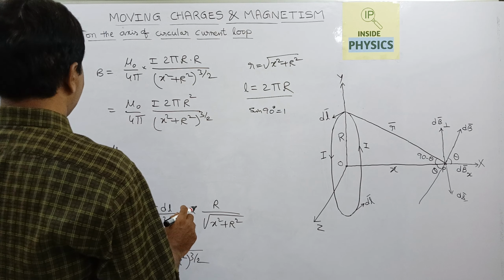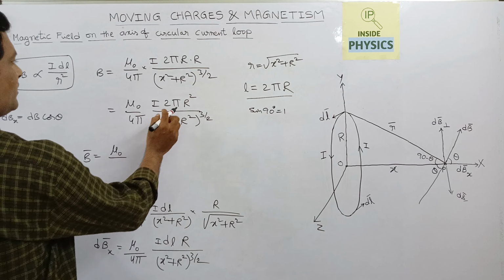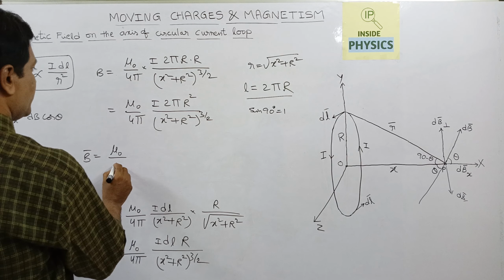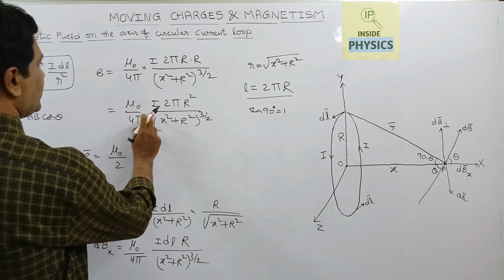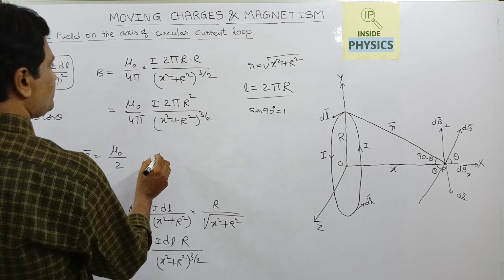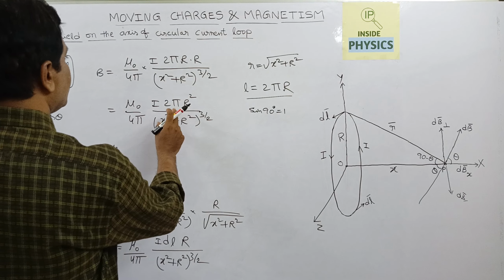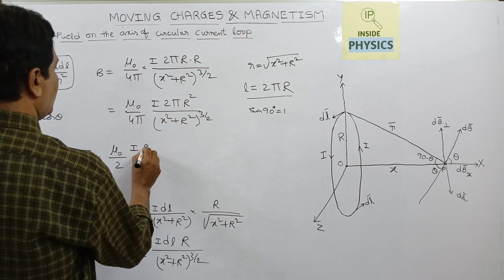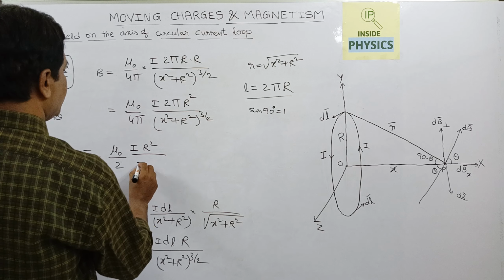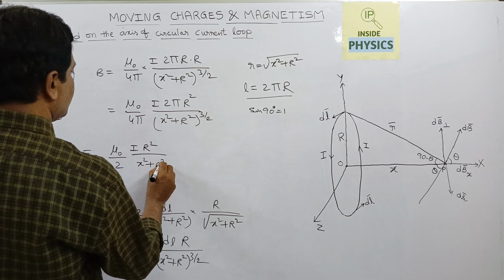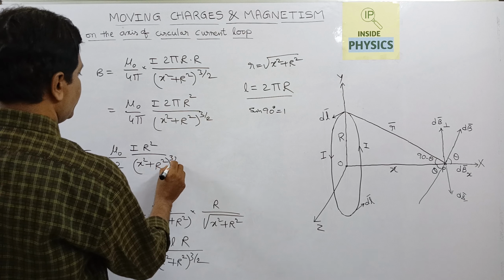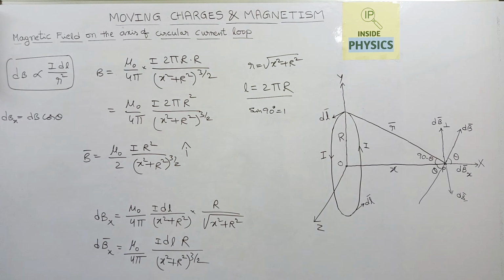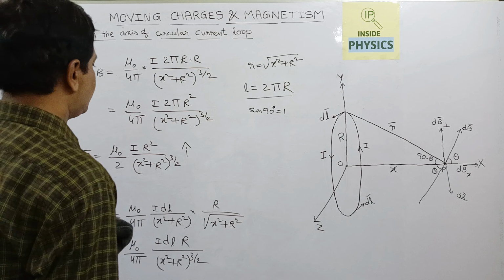Here we can cancel pi and 2 in terms of 2 times, and mu naught by 2 pi gets cancelled. So here, I r square by (x square plus r square) whole power 3 by 2 into i cap, a unit vector along the x direction.